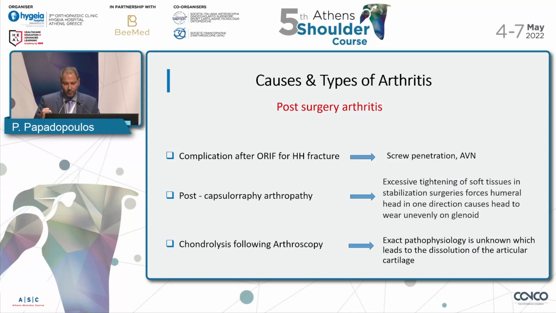This forces the humeral head in one direction and causes the head to wear unevenly on the glenoid. And last, we have chondrolysis following arthroscopy, whose pathophysiology is unknown, which leads to the dissolution of the articular cartilage.